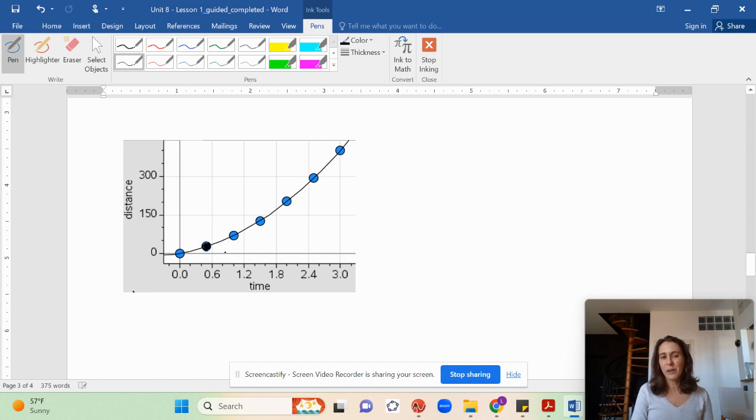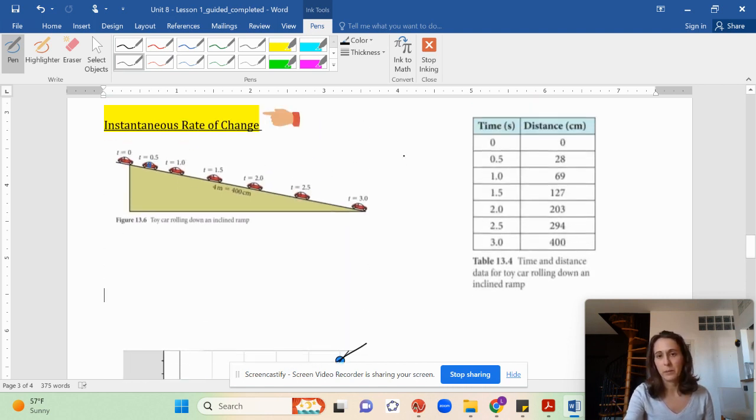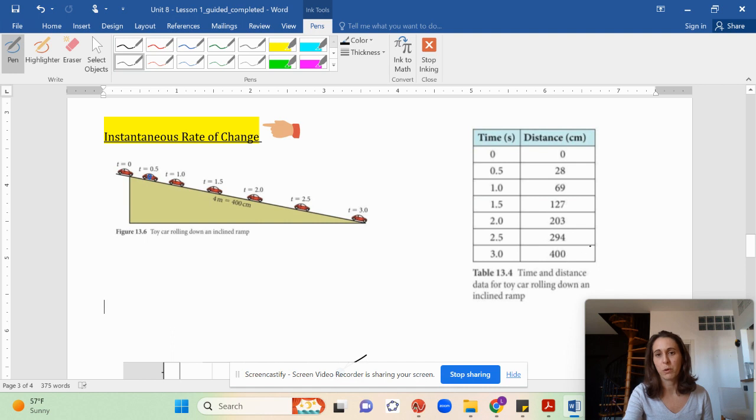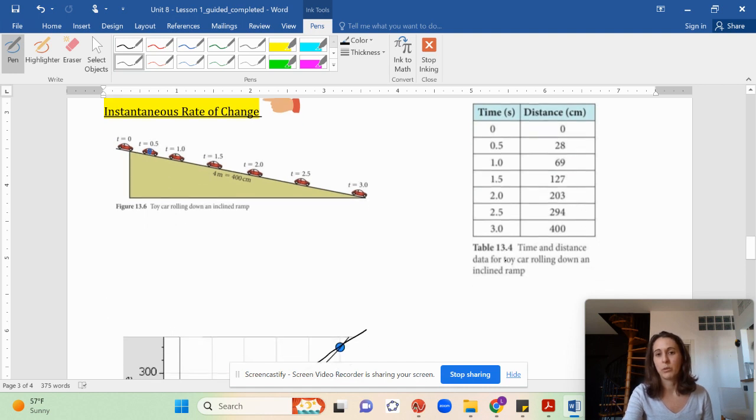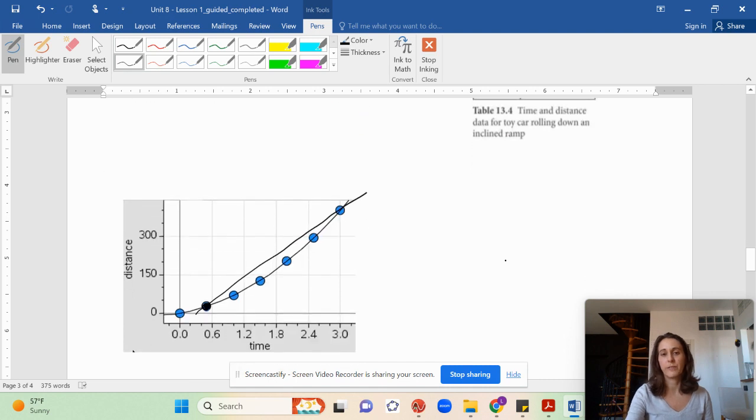Well, how do I find that exact speed at half a second? Well, what I can do is I could start by finding the average speed from 0.5 seconds to 3 seconds. So I'm going to do that. The average speed from 0.5 seconds to 3 seconds is, I could find it up here. It's total distance, which would be 400 minus 28, divided by total time, 3 minus 0.5.